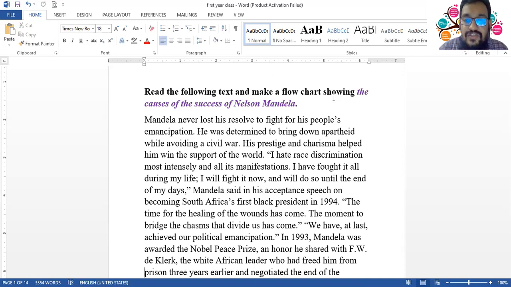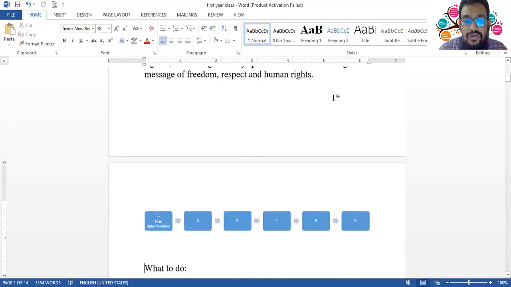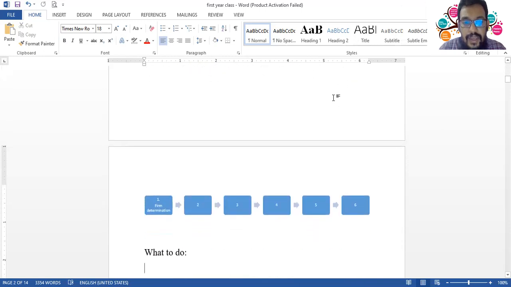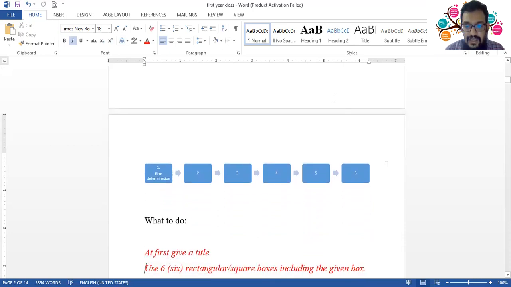Then, after reading the instruction, we'll go below, and beneath the passage, you will find this sort of diagram where 6 boxes are drawn. Say here, there are 6 rectangular boxes: 1, 2, 3, 4, 5, 6. In the question, the first box will be done for you.